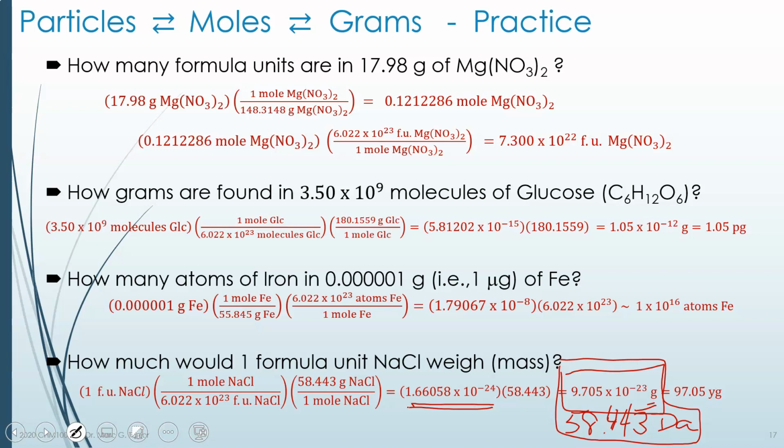And remember, I told you that Avogadro's number was picked purposely so that these two match, and that this molar mass in grams per mole is the same as the mass of a single formula unit in Daltons. And with that, we'll stop here.